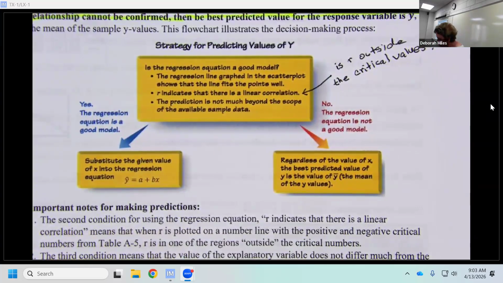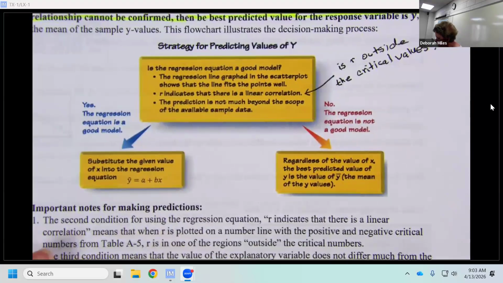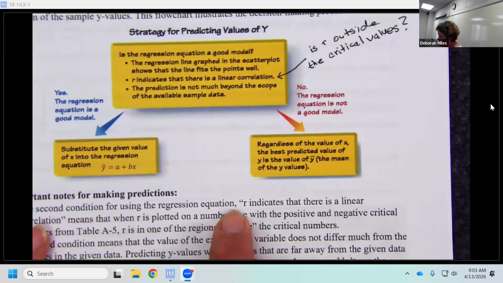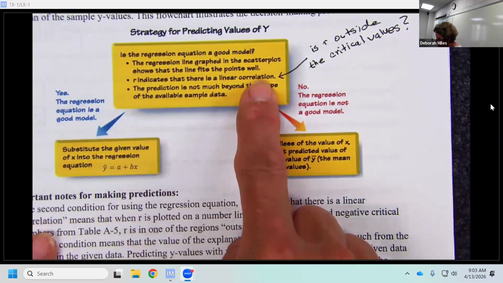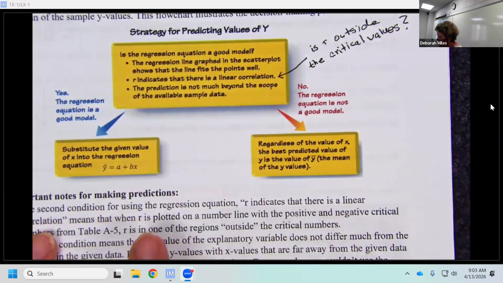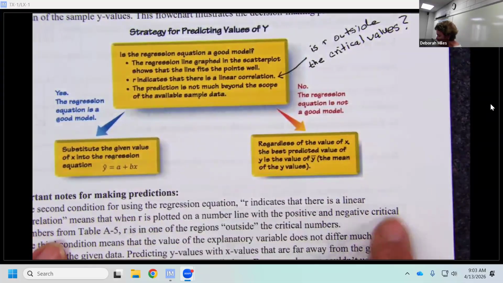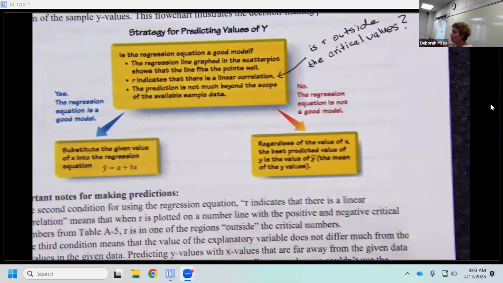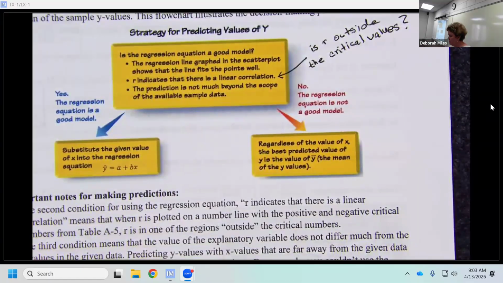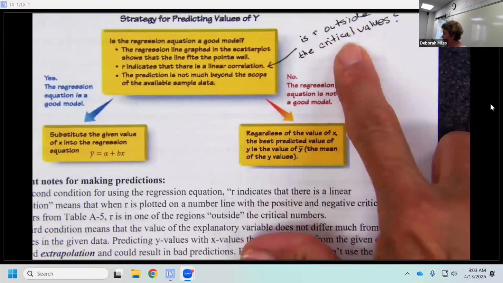All right, important notes, and then we will look at some examples. The second condition, R indicates that there's a linear correlation. That means when you put the R value on a number line with the positive and negative critical values, R is in one of the regions outside the critical numbers. That's what we wrote right here.